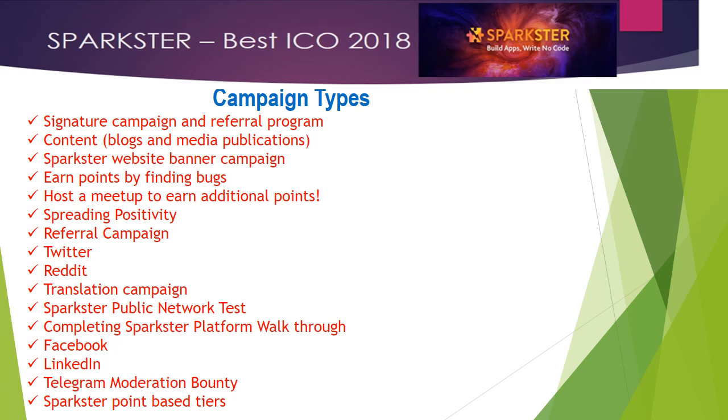Then there's a banner campaign, and if you are a technical person, maybe you can read their technical white paper, and if it contains any errors, or if there's any kind of bug in their smart contract coding, you can earn points in these ways.